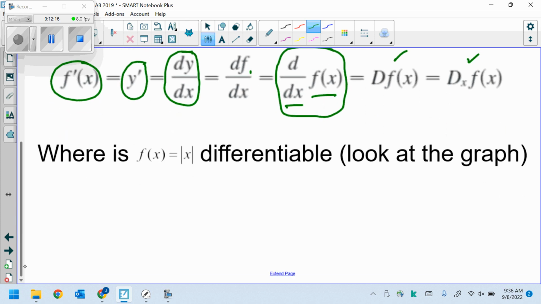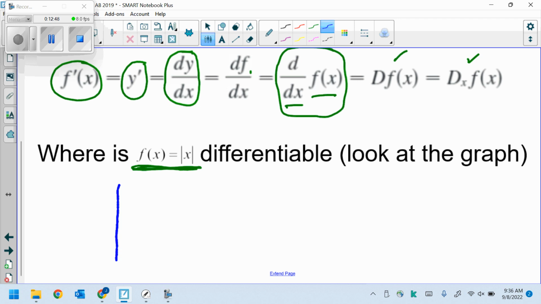Now, where is this function differentiable? Where can you find the derivative? Something's differentiable if you can find the derivative. A little clue: any time you see an absolute value function all year long and you're asked to answer questions about it, I cannot think of one single time where the key to answering an absolute value question wasn't to draw the graph.